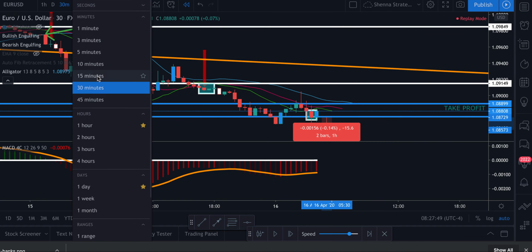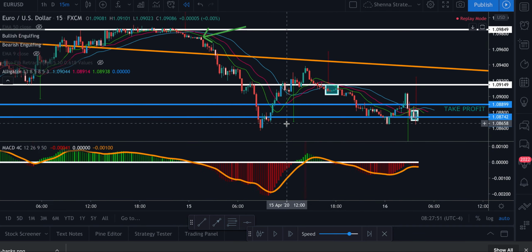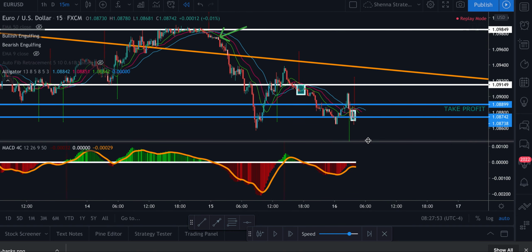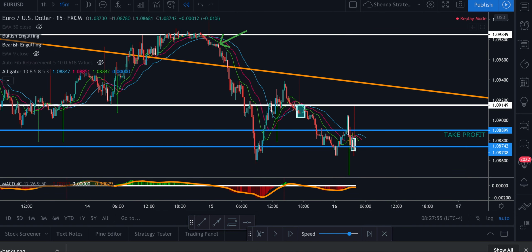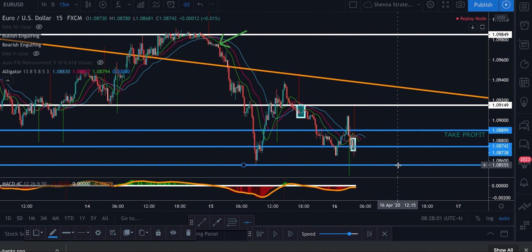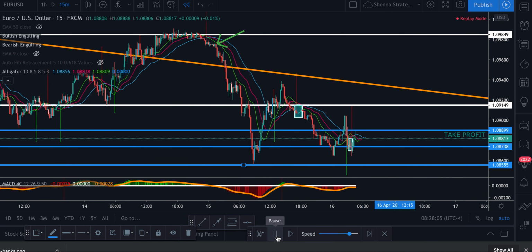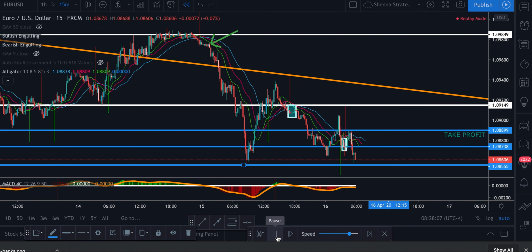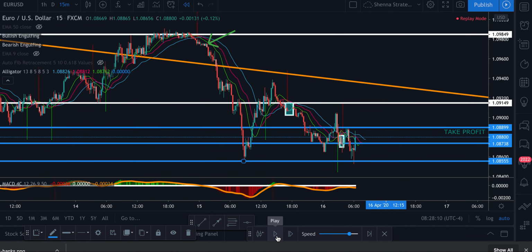Go back to the 15 minute. That's 15 pips. Let's go. We've been in a little drawdown, but boom, smashed. Smash, take profit. Boom, made 15 pips.